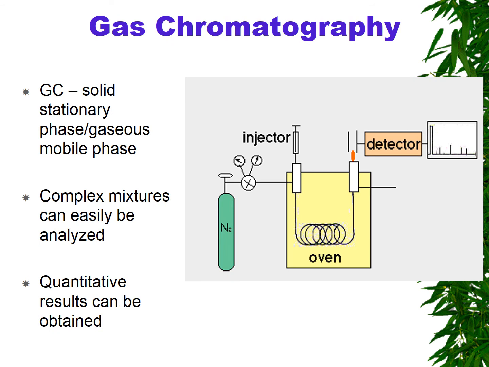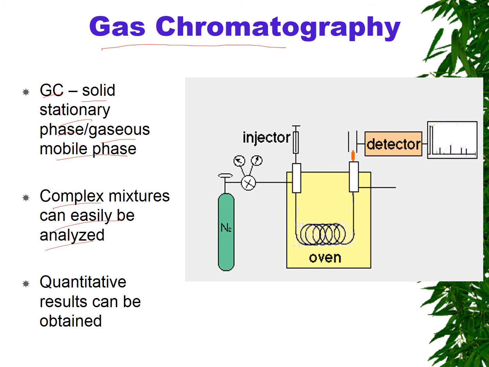Okay, the next one is gas chromatography. This is another type of chromatography lah. So ni dah pernah dengar dah, saya rasa dah belajar dekat analytical. So gas chromatography has a solid stationary phase or gaseous mobile phase. Kedua-dua ni boleh digunakan lah. And then a complex mixture can easily be analyzed.